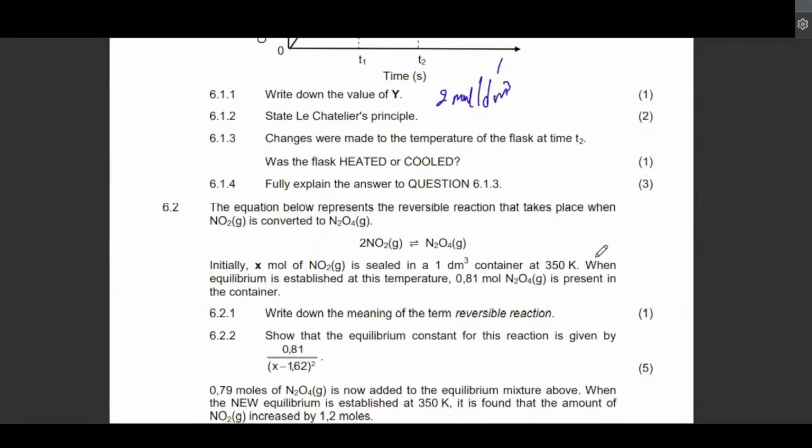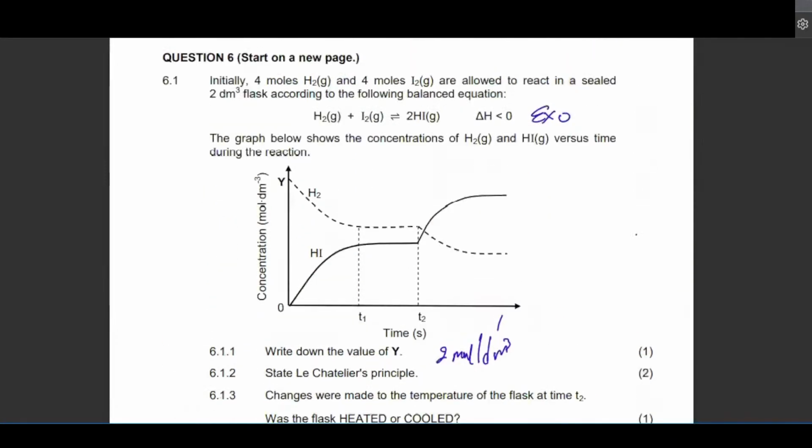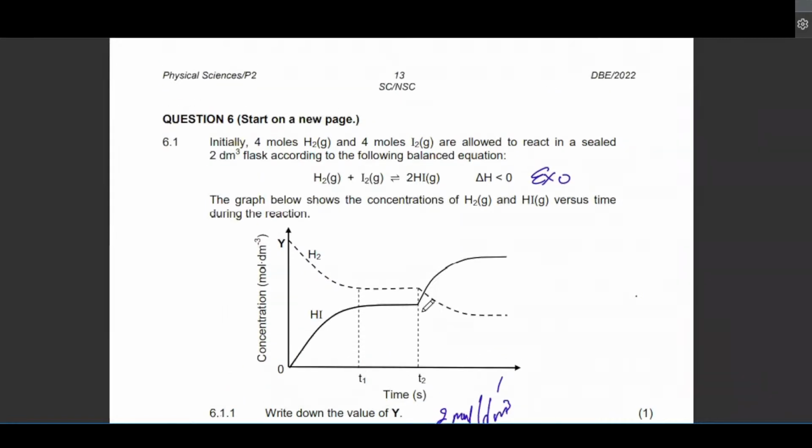So question 6.1.3, they're saying that a change was made to the temperature of the flask at T2. At T2, was the flask heated or cooled? Let me check. Remember we said that this is exothermic. And if you look at this, it is increasing. It didn't reverse, the products are forming more, and the reactants are disappearing.